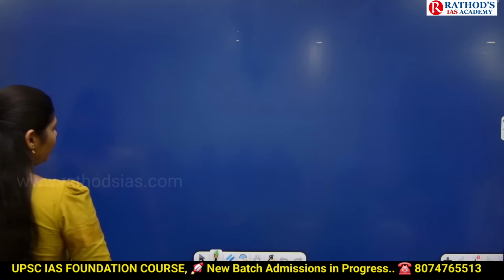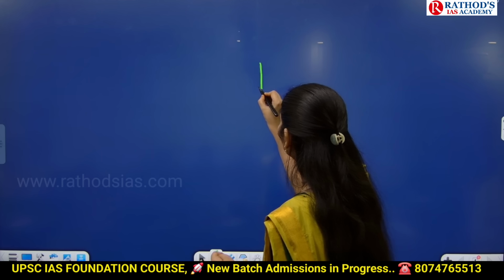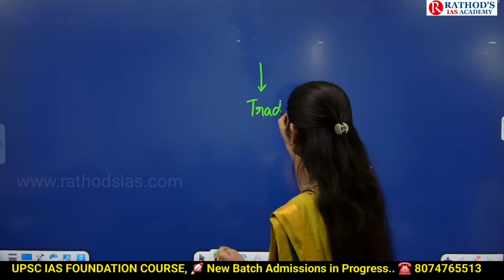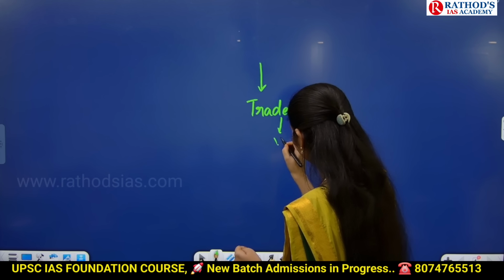Even in your polity, especially when you study fundamental rights, you will come across this topic of retrospective. What retrospective means is nothing but, when this trade deal came into effect from yesterday, right?